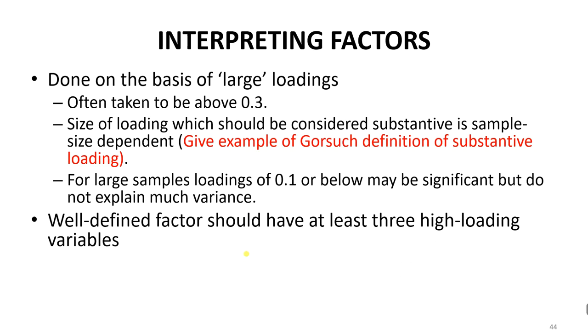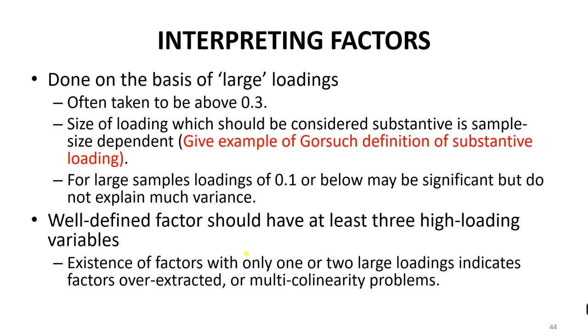Another thing for interpretation is that it is generally considered that a factor should have at least three high loading variables. So if a factor is having fewer variables than three, then those factors are generally not interpreted. Existence of factors with only two large loadings indicates factors over-extracted, or the problem of multicollinearity may be there.